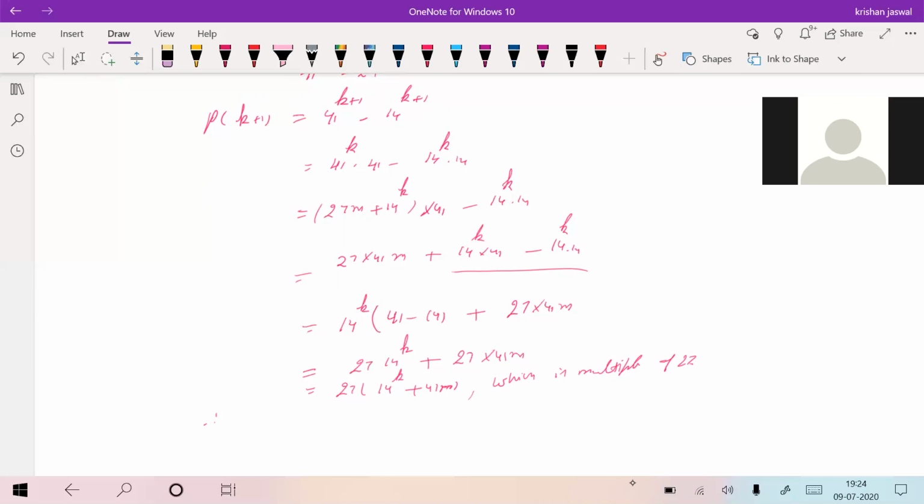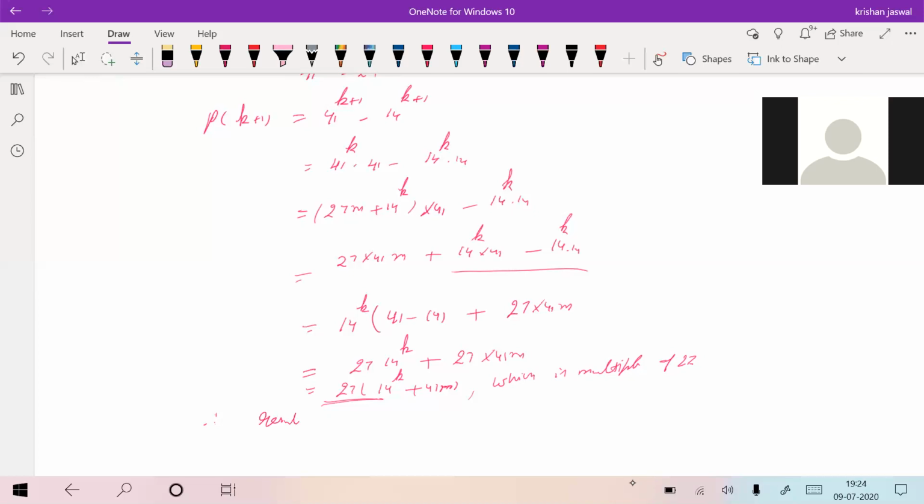Multiple, factor, divisible by, all things are the same. In all these types of questions, we show that the number is a multiple of, or a factor of, the given statement's answer.